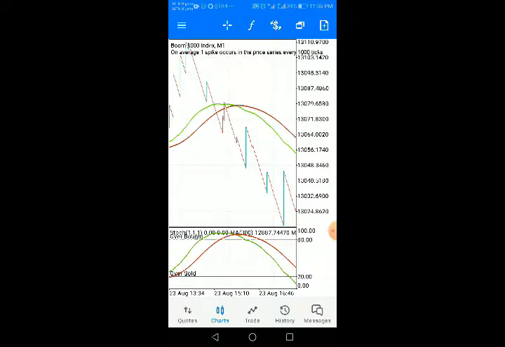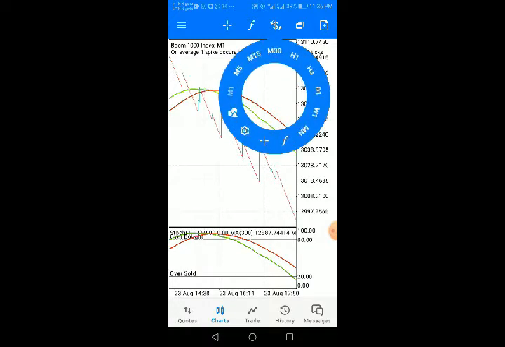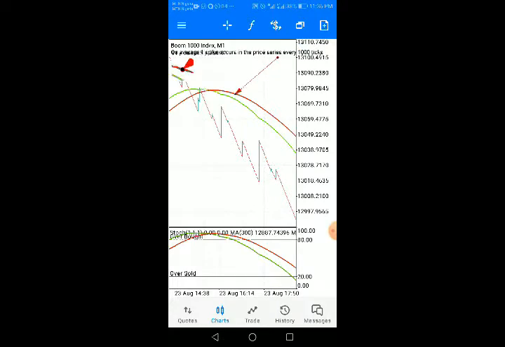So you can see when you have the green MA under the red MA, that is when the red is above the green, and that shows that the market is on the downtrend.